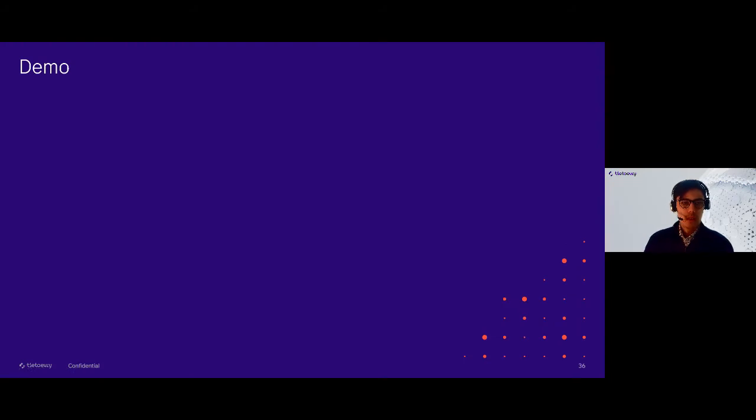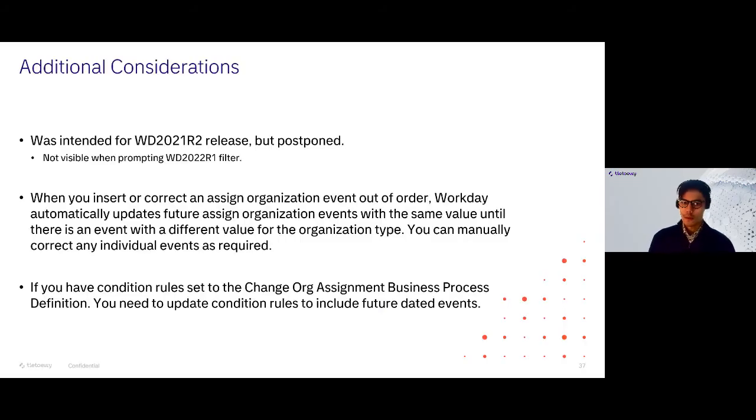So, as said before, this particular feature was pushed back from last release and is now enabled for the upcoming Workday 2022R1 release. And since Workday is automatically correcting the future assigned org events, it is possible to manually correct the individual events as required.